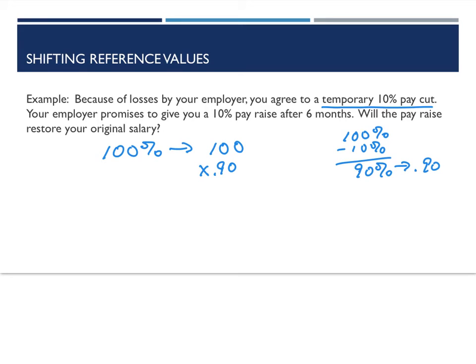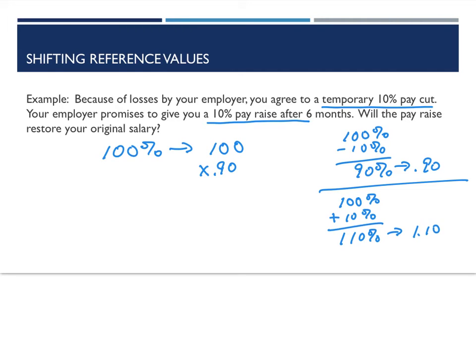The second 6 months, I'm supposed to get a 10% pay raise. I don't start from the 0.90. A pay raise means I take all that I've got and I'm going to add 10%. And if I change that to a decimal, that's 1.10. Now, if I multiply those 3 numbers together, that'll tell me where I end up.